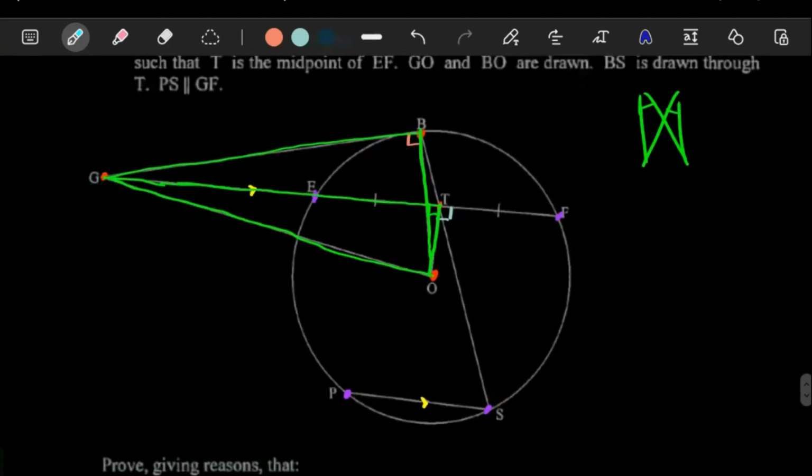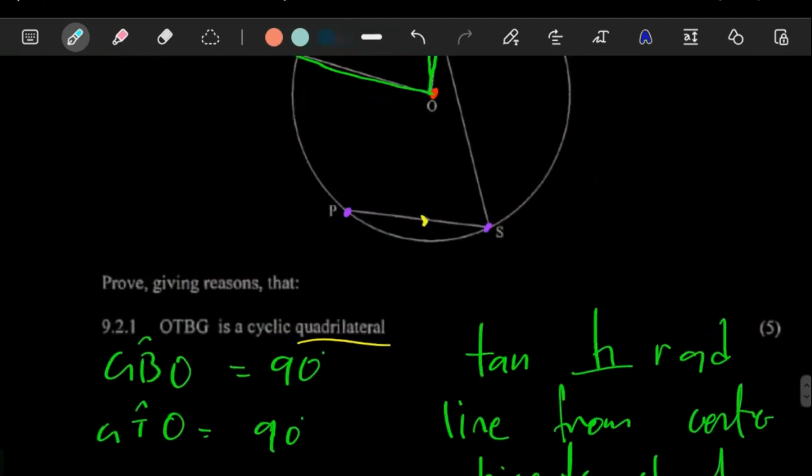G, and then there's O, and there's B. So they said we should prove that it is equal to angle S.